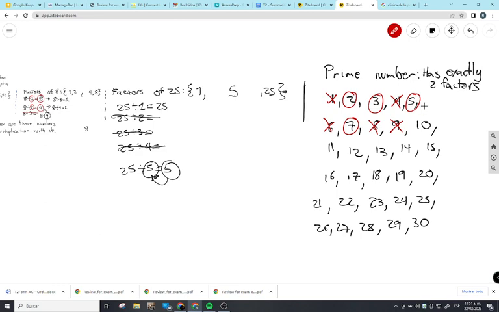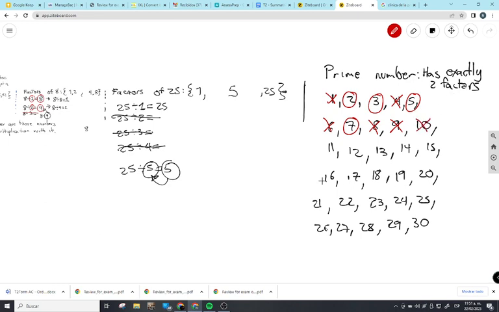Because you may think, oh, teacher, the odd numbers are the prime numbers. But no, look, 9 is not a prime number because it has 1, 3, and 9 as factors. So no, not exactly 2.